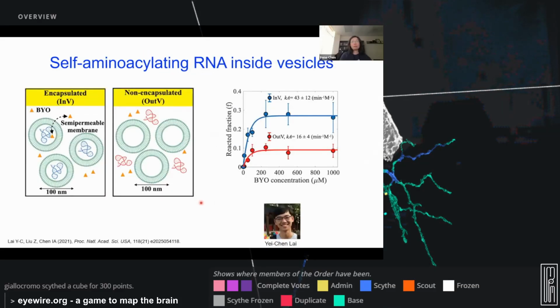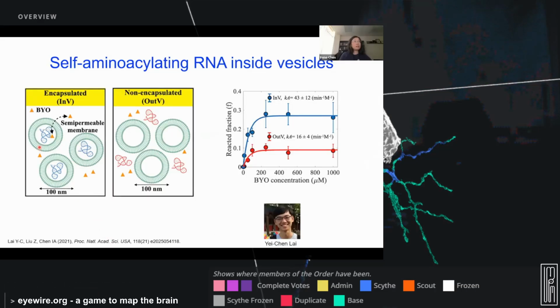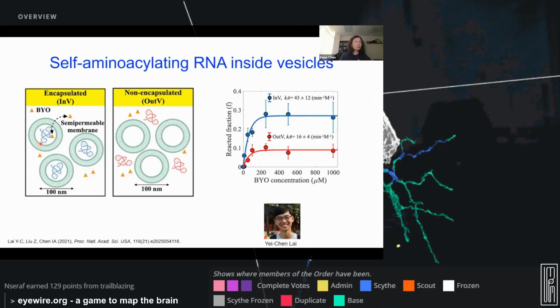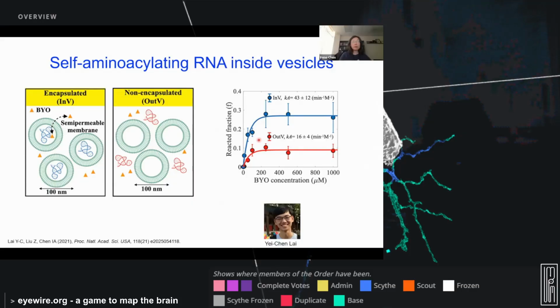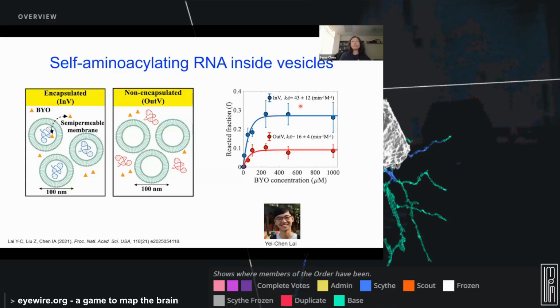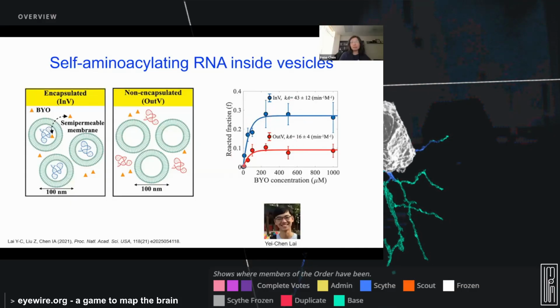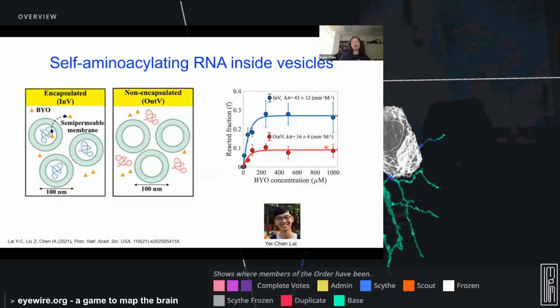So the first thing that my postdoc Chen did was to encapsulate a few self-aminoacylating ribozymes, and then add BYO, the substrate, and then ask what's the activity when the ribozyme is encapsulated versus when it's outside the vesicles. So inside vesicles in blue here, higher activity, versus in red here, which is outside the vesicles, lower activity.